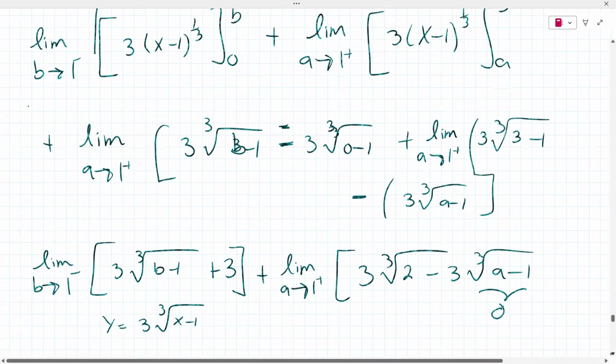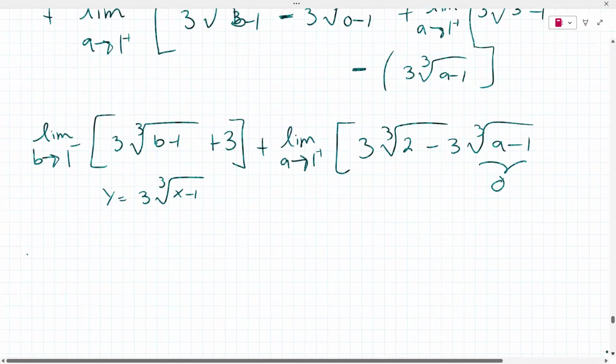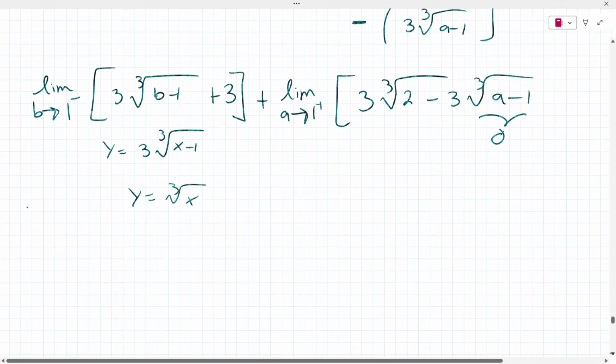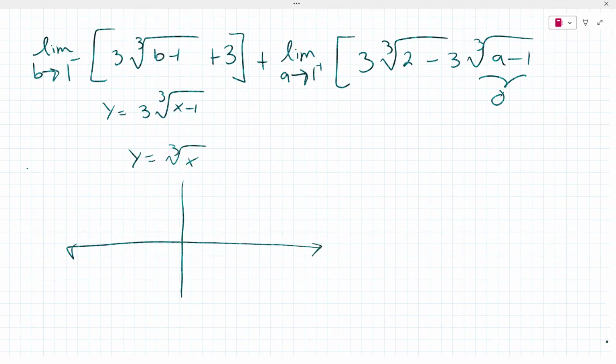So what does that look like? Well, what does a regular cube root of x graph look like? It looks like this. What about the graph y equals 3 cube root of x minus 1?